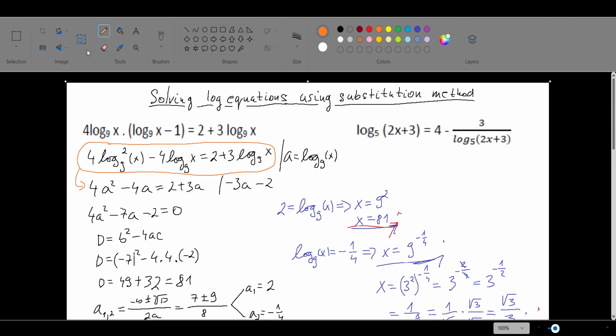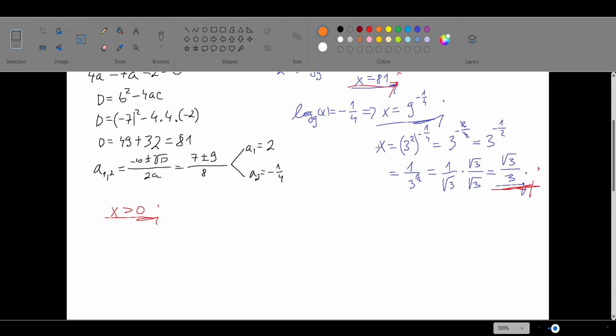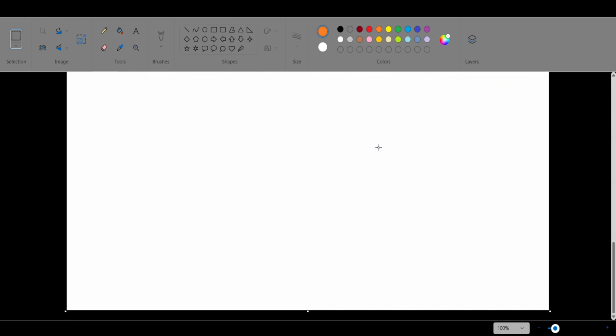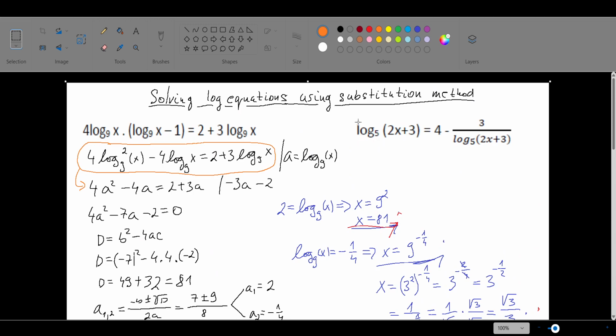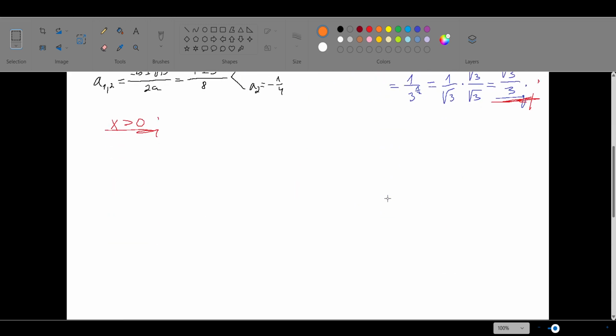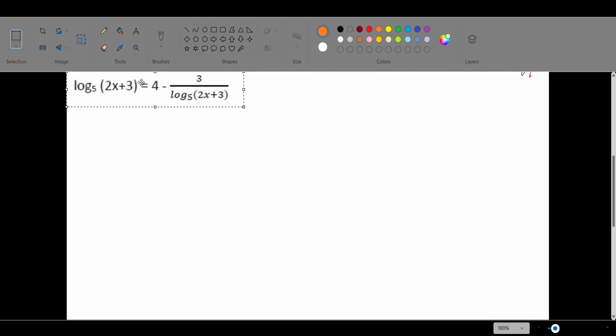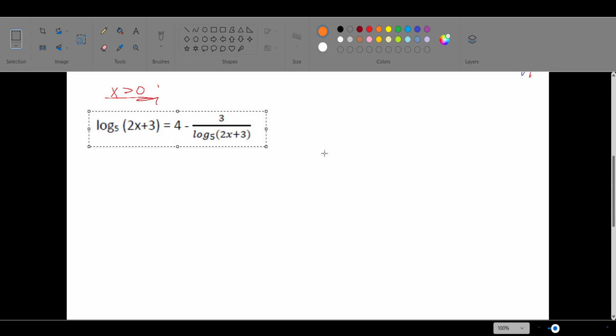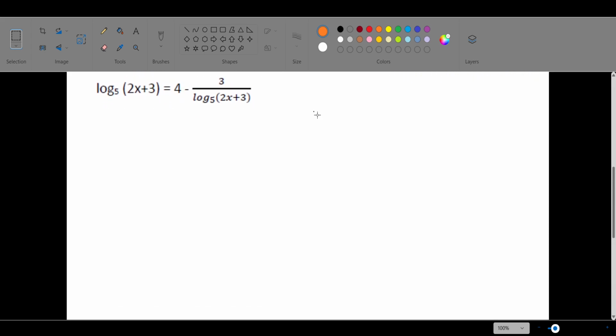Now let's have a look at the second equation, but let me check if I have enough space here. Yes, so I will move this one a little bit down, or at the bottom of my screen, and then now let's solve this equation.